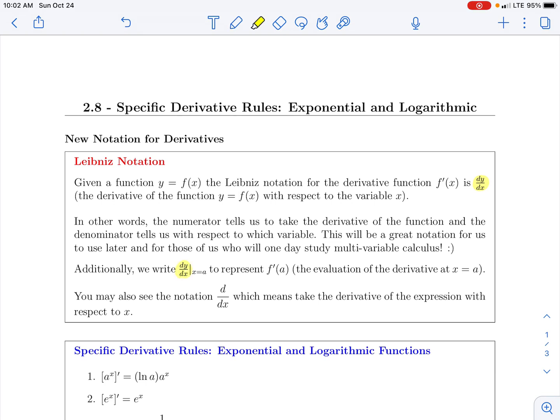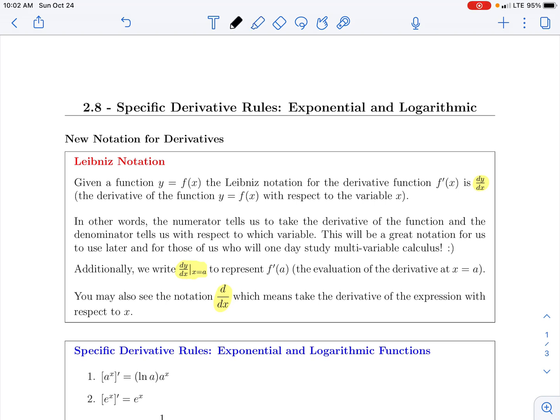Additionally, we write dy dx with a bar, x equals a, to represent the derivative at a, or the evaluation of the derivative at x equals a. And last but not least, we have this notation here, d dx, which just means to take the derivative of the expression with respect to the x variable.